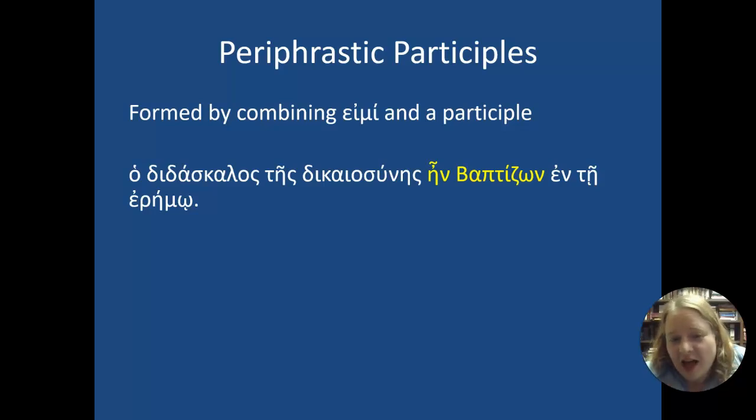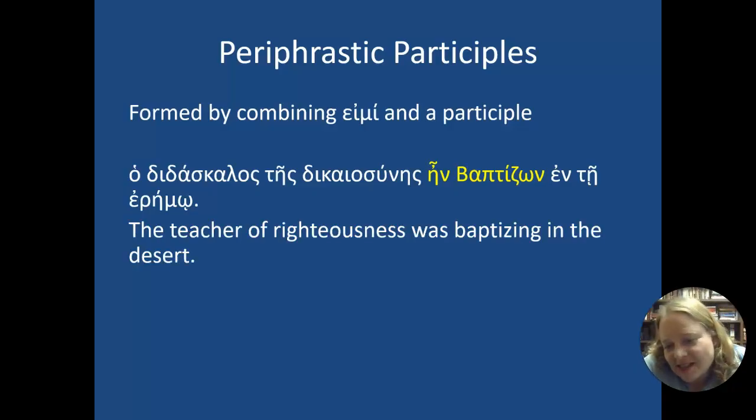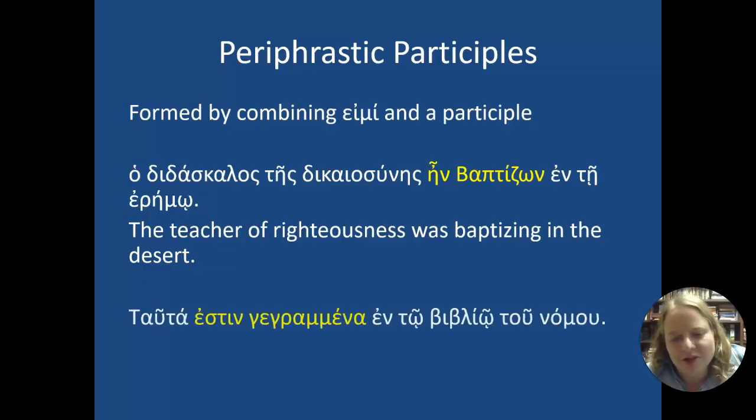Here's an example. Ho didaskalos tes dikaiosunes, the teacher of righteousness, en baptizon, was baptizing, en te eremo, in the desert. So not he was being baptized, but he was doing the baptizing because it's in the active. You're just going to naturally do this, so I'm not too worried about it.